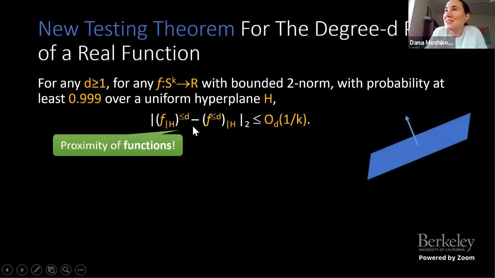In classical property testing there is one property, some Boolean function that you're trying to get right, and here it's actually many functions that you're getting all of them simultaneously close. This is what it means that those functions are similar. So this is an extremely strong notion of similarity. So this is the first point.